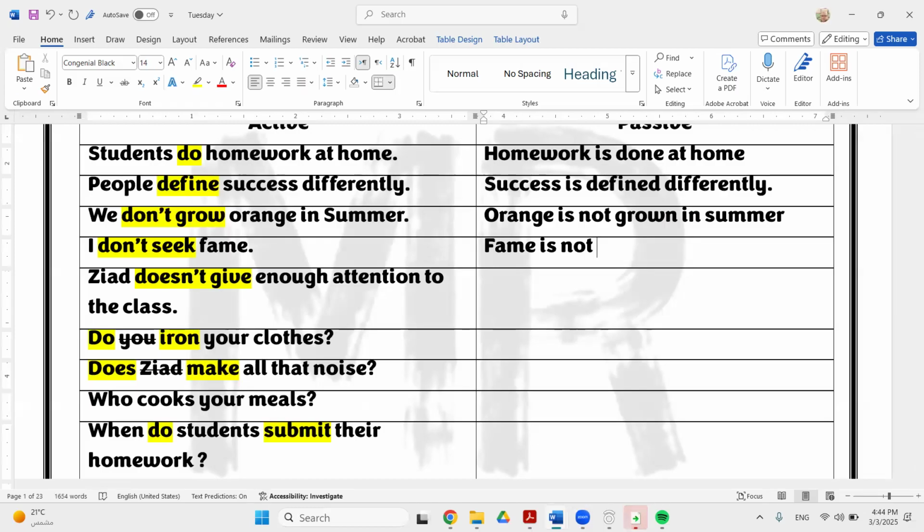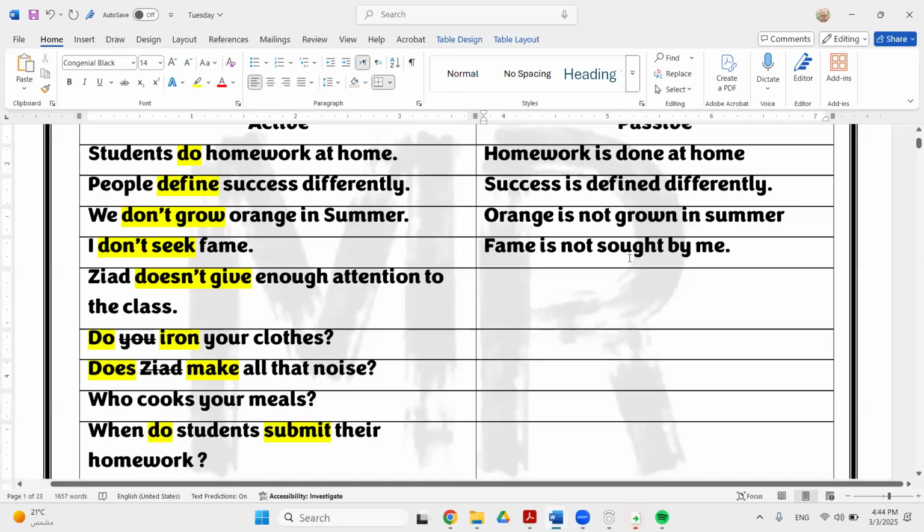Seek, sought. So we say fame is not sought by me. See, fame is not sought by me. All right? Seek, sought, like teach, taught, fight, fought.